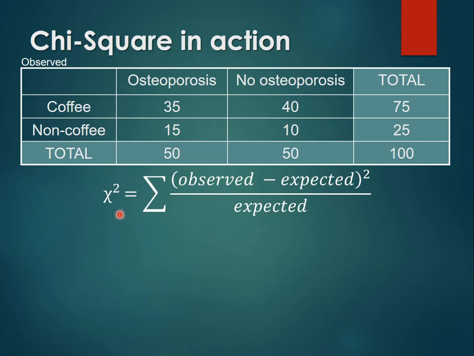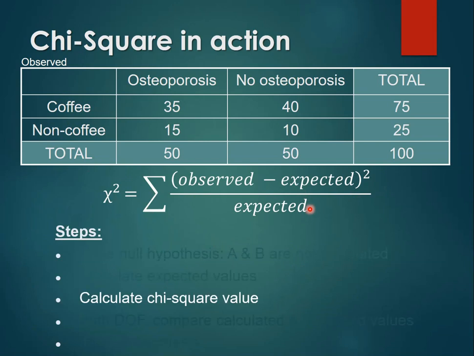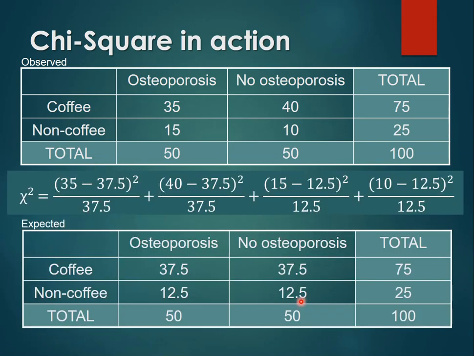Next is to calculate the chi-squared value, where the formula is the summation of the observed minus the expected values squared, divided by the expected values. So we have two tables.